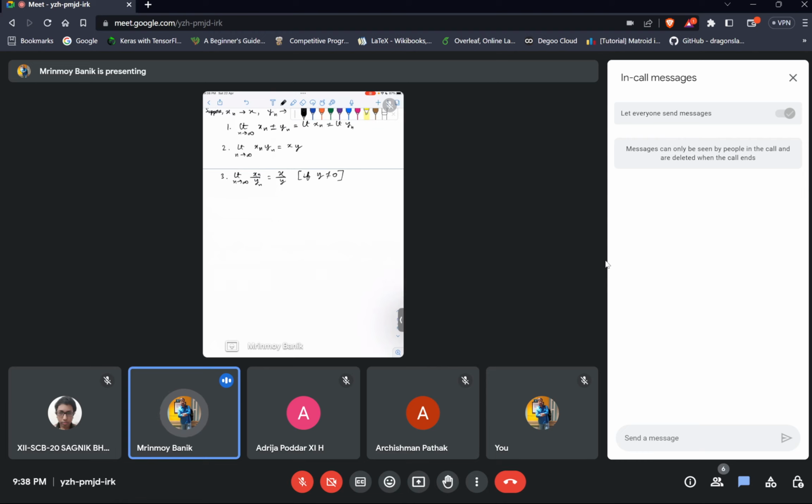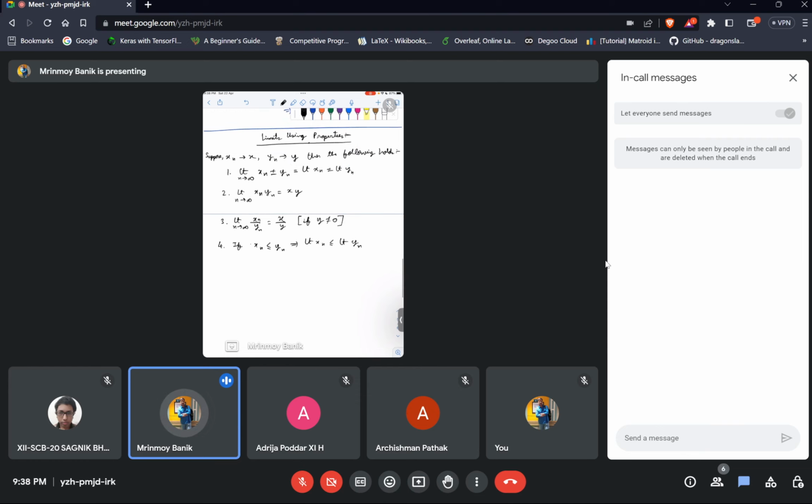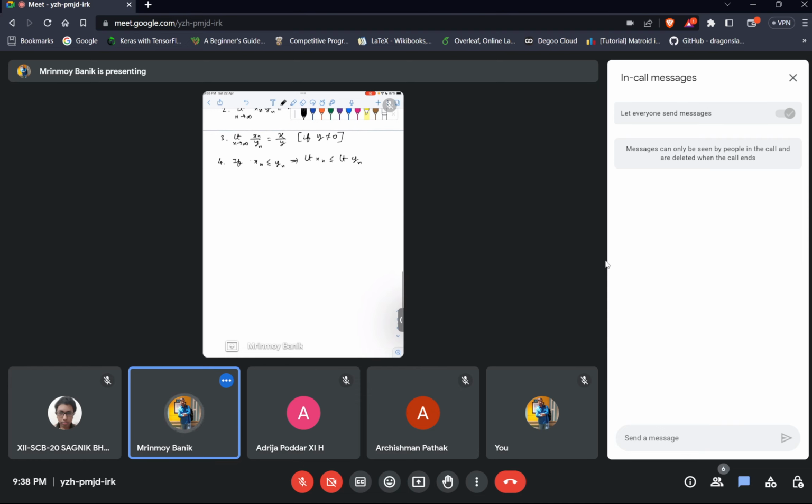And the last one is, if xn less than or equal to yn, then limit xn is less than or equal to limit yn. So using these four properties, let's see what we can solve.